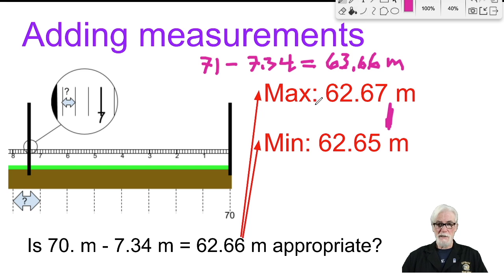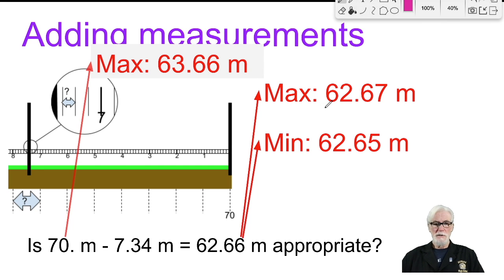But it could also have been the case that that person was measuring just a little bit low that day. So if that was the case, then it would have been 69 meters, or closer to 69 meters. And if you subtract your 7.34 meters from that, the length of the field now is 61.66 meters.